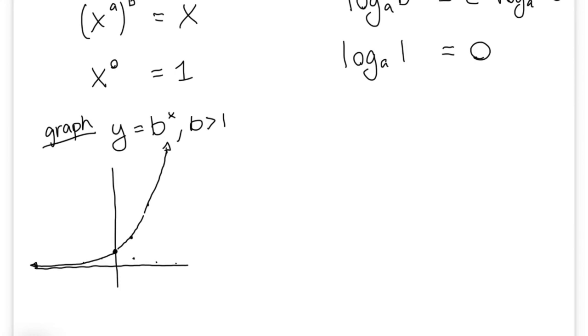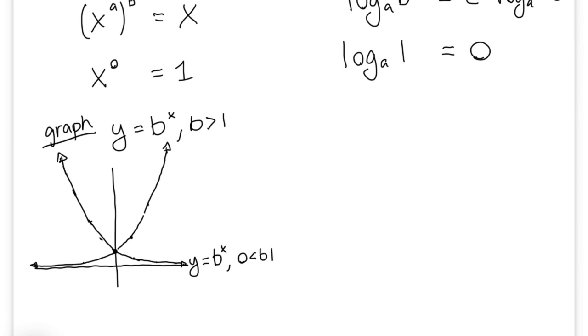So now we actually get a reflection in the y-axis when b is between 0 and 1, which kind of makes sense because every time x gets bigger, I'm halving something. And every time x gets smaller going the other way, I'm doubling, right? As I go to the left, I'm doubling. So this graph over here is y equals b to the x, where b is between 0 and 1.